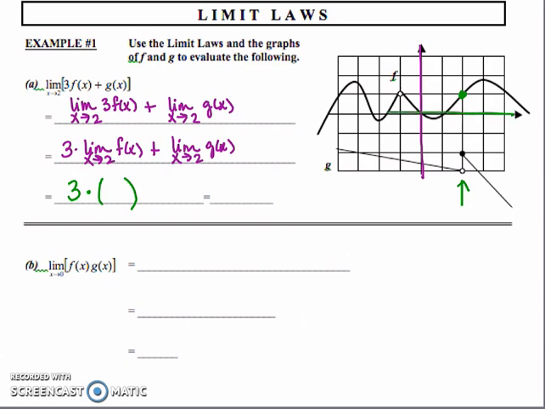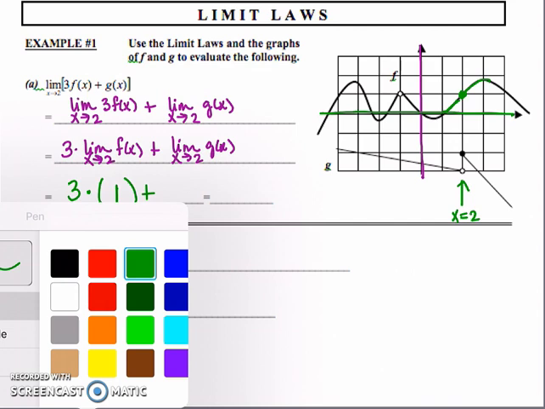And here's my x-axis. So if we look at when x is 2, the limit as we approach 2 from the left and the limit as we approach 2 from the right agree, and the limit appears to be 1, plus the limit as x approaches 2 of g of x.